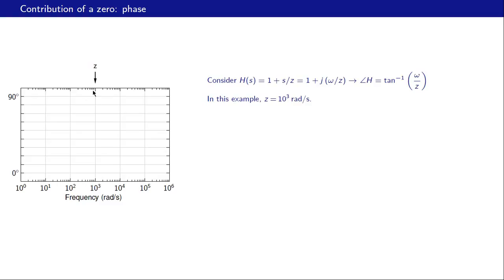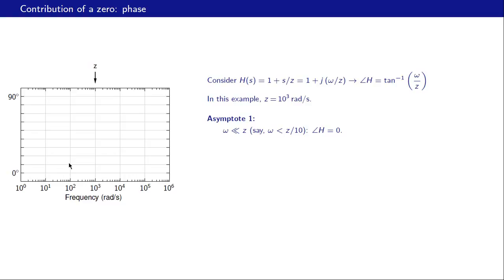This is our z value. Alright, now let us start with asymptote 1, which corresponds to omega much smaller than z, say omega 10 times smaller than z. In this case, this is our z, 10 raised to 3. So z by 10 is here. So we are talking about this region here.